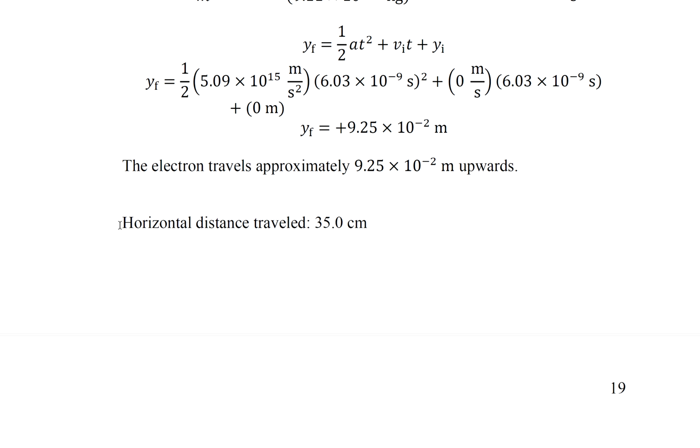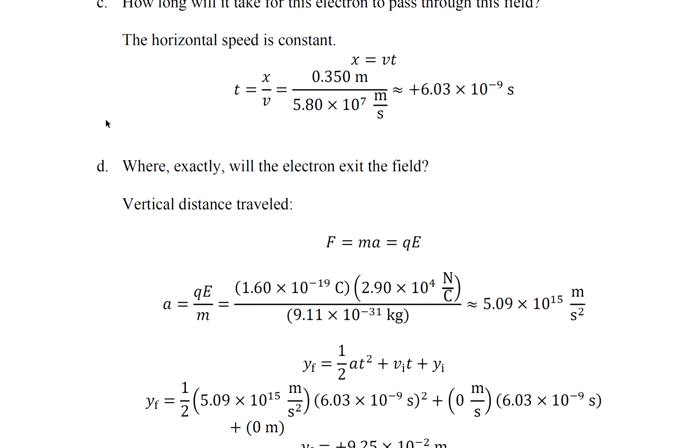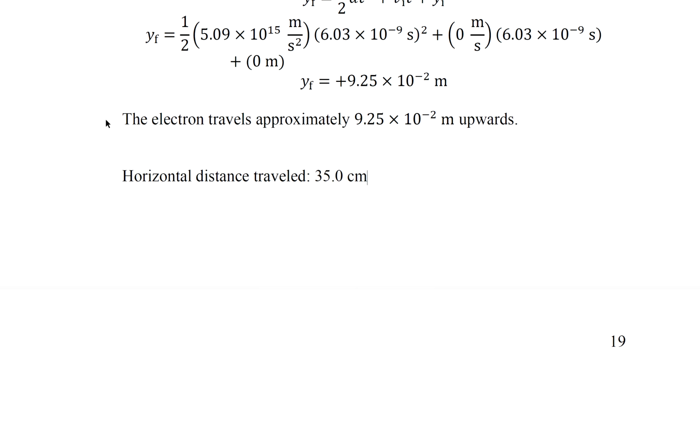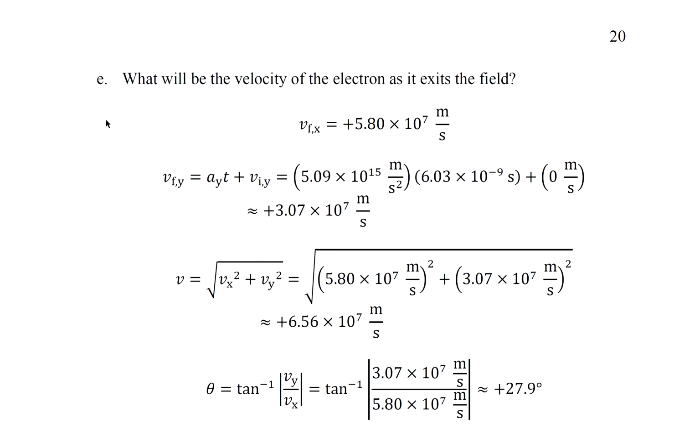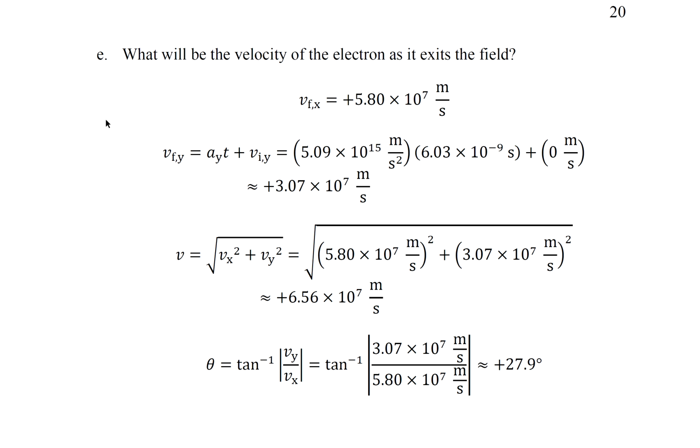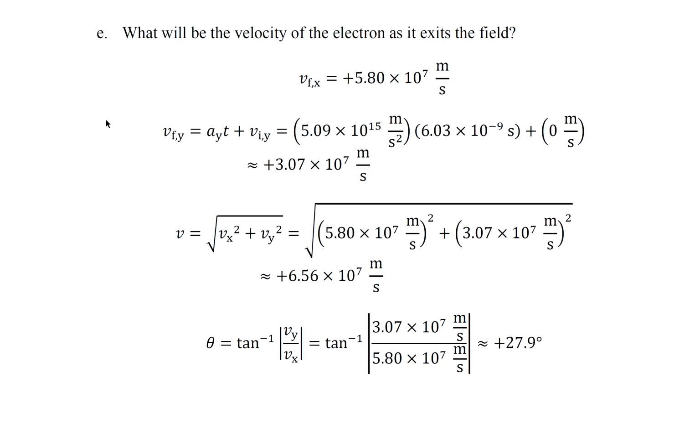And the horizontal distance traveled is 35 centimeters. Part E, what will be the velocity of the electron as it exits the field? Well, we got V sub x, we could solve for V sub y, then we could take the magnitude, and we could get theta.